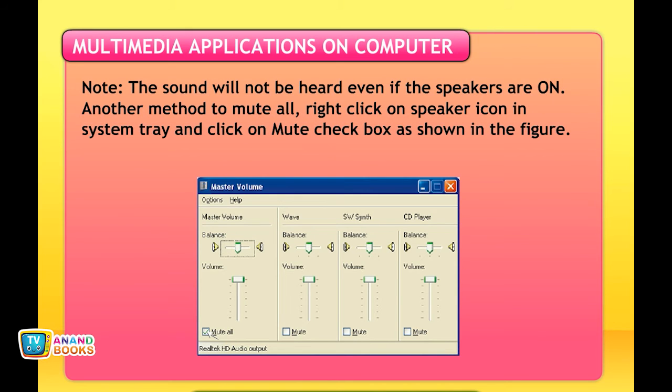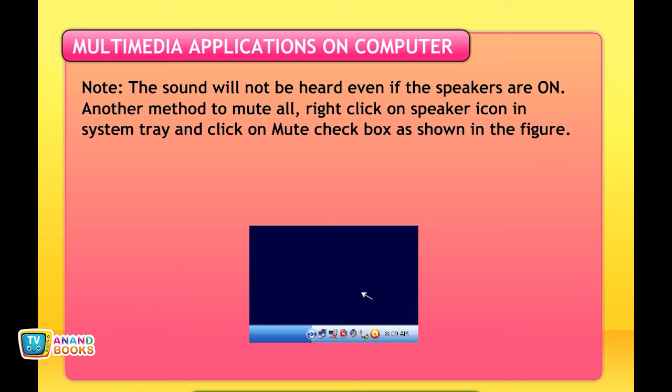The sound will not be heard even if the speakers are on. In other method, to mute all, right-click on speaker icon in system tray and click on Mute checkbox as shown in the figure.